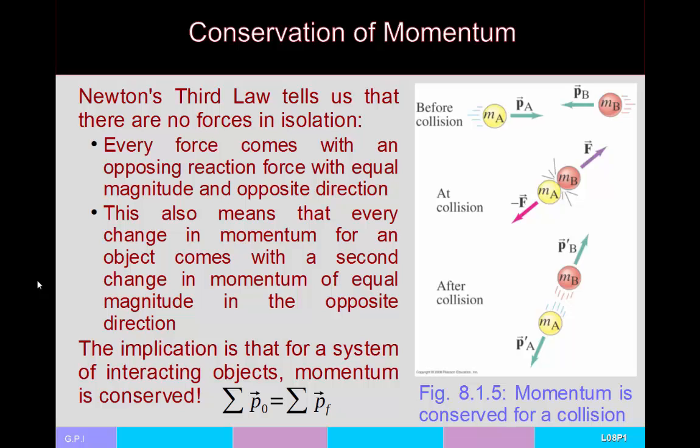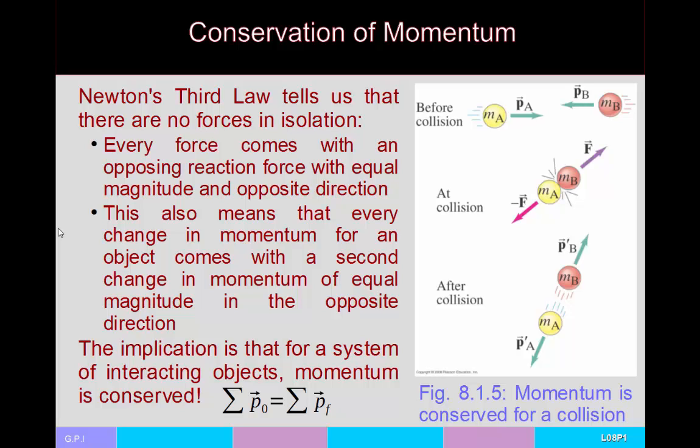So going back to Newton's laws as applied to momentum, with Newton's third law thrown into the mix, we have that there are no forces in isolation. That means that every force, and hence every change in momentum, every impulse per unit time, is going to come with a second impulse per unit time, which acts in the exact opposite direction.